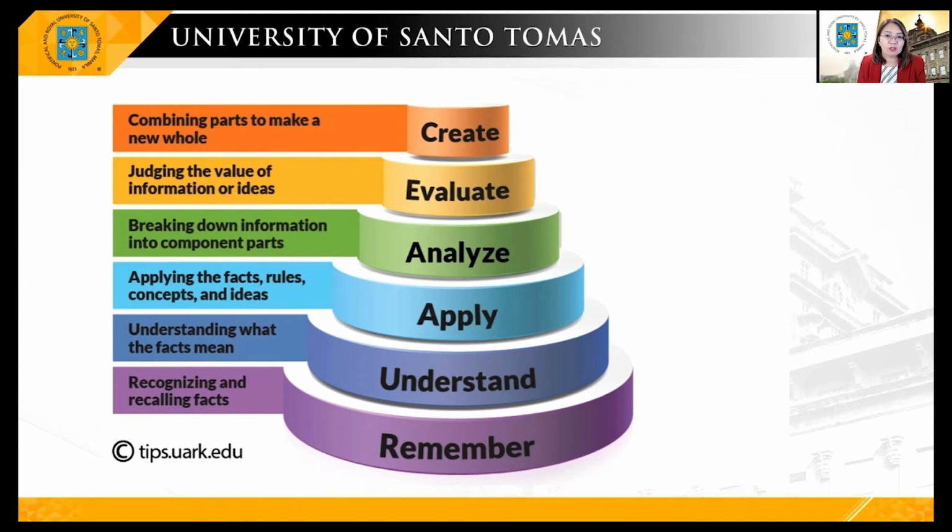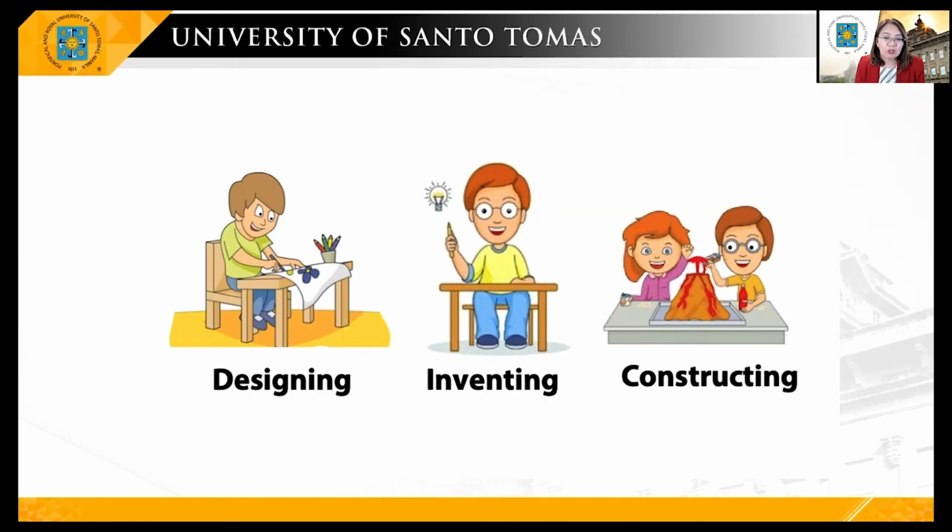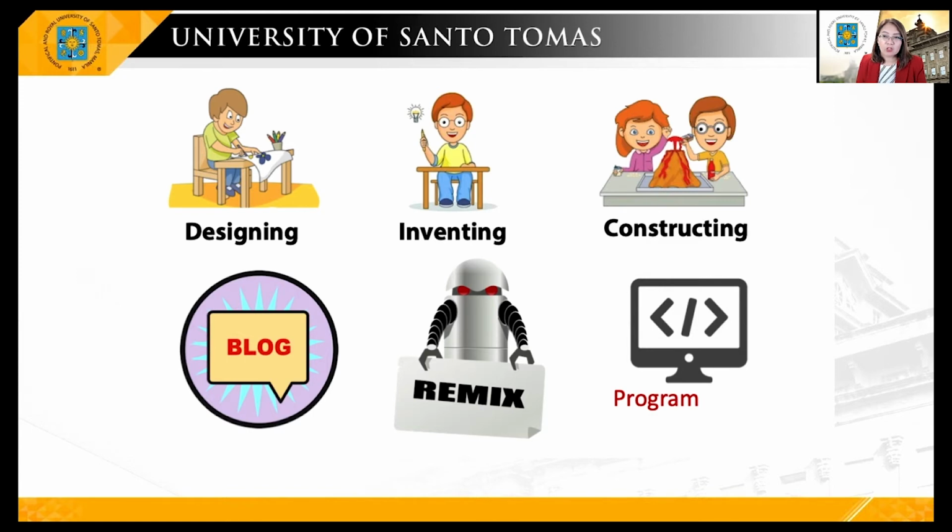Let's take a look at creating, in which learners are designing, inventing, and constructing a piece of work that shows what they know. One could add digital verbs to create, such as blog, remix, or program. These verbs refer to possible learning activities that already incorporate digital technologies in which students are creating.